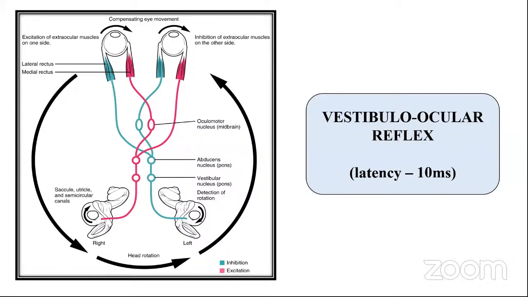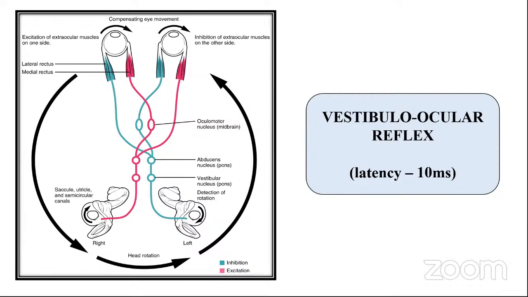The fibers from the right side are going to the left vestibular apparatus. The fibers from the right eye are going to the right vestibular apparatus.